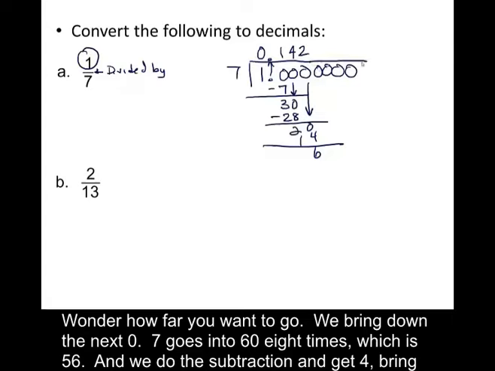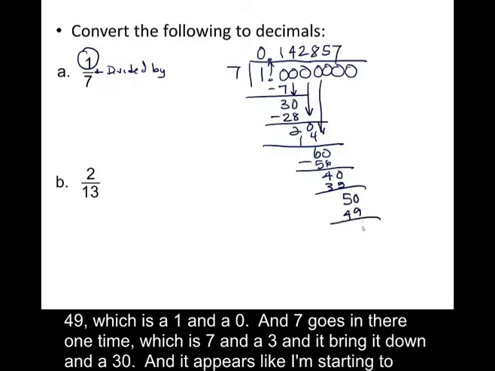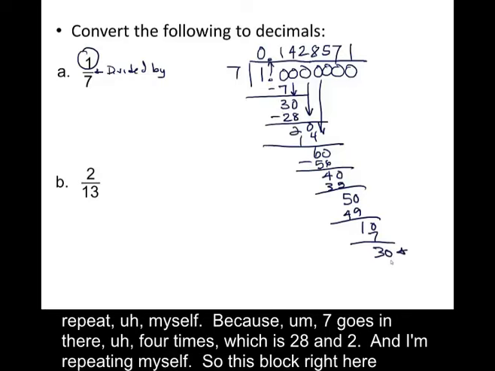I wonder how far you want to go. We bring down the next 0. 7 goes into 60 8 times, which is 56, and we do the subtraction to get 4, bring down another 0. 7 fits into 40 5 times, which is 35, and we have a 5, and bring down another 0. 7 fits in there 7 times, which is 49, and we have a 1 and a 0, and 7 goes in there 1 time, which is 7, and a 3, and bring it down to 30, and it appears like I'm starting to repeat myself, because now 7 goes in there 4 times, which is 28 and 2, and I'm repeating myself, so this block right here repeats.